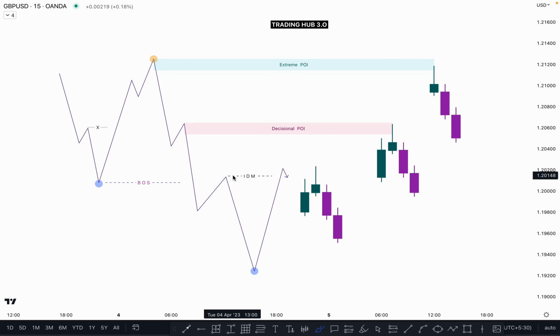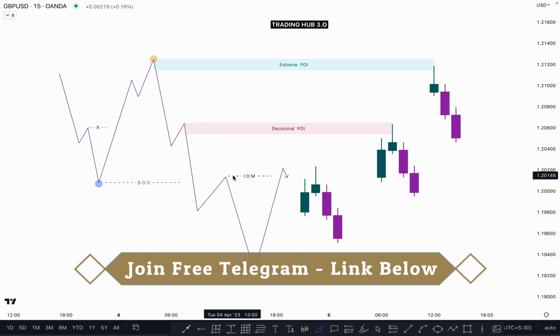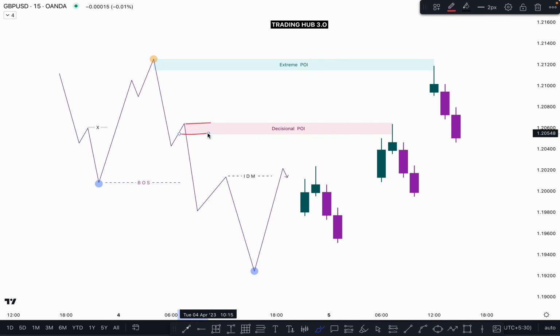So when the market takes out the high, then you have two scenarios. First one, after taking out the inducement, you have to wait for it to mitigate your first order block. Probably here you can see an order block sometimes here. So it depends. If the market takes out the inducement and taps on your order block, this one is called a decisional POI, decisional order block, where you can take risk for the buy and sell.